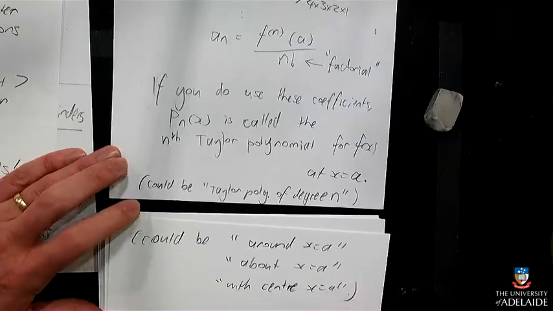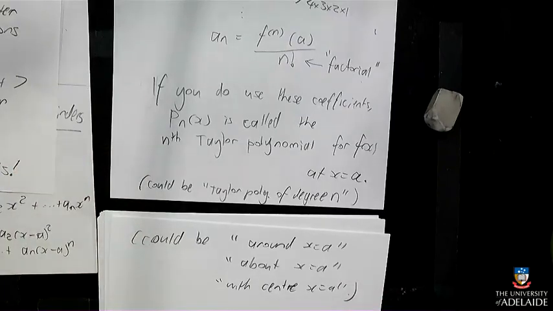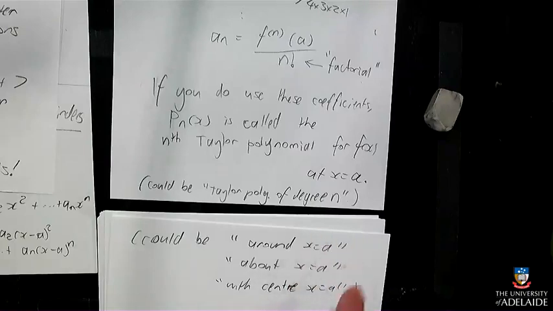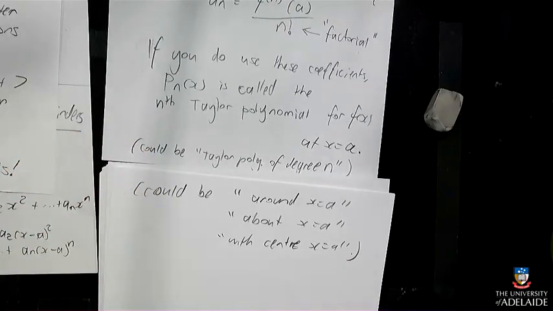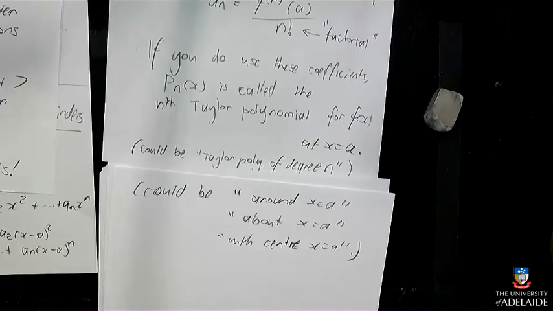All of those are perfectly acceptable ways of saying it. Just so you know, because people don't always use exactly the same words. And as long as there is some phrase that indicates that this x equals a is a place, a location, then that's the number you should be using. Cool. They also call it a Taylor polynomial of order n as well. So if you're searching for resources online, it's useful to know all these different terminologies.